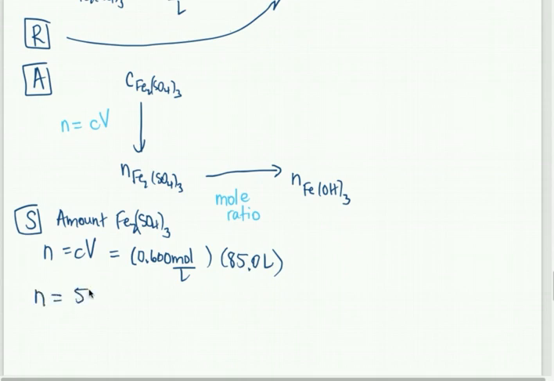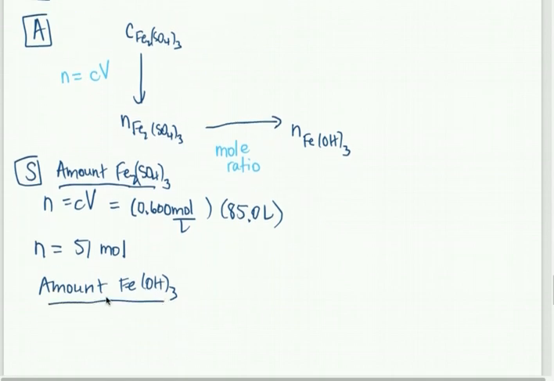Okay, and that's 51 moles. Okay, all right, and from there, we need to find the amount of the unknown, which is iron 3 hydroxide.